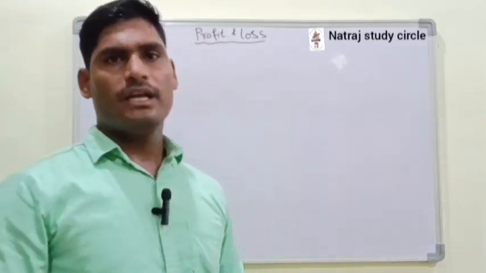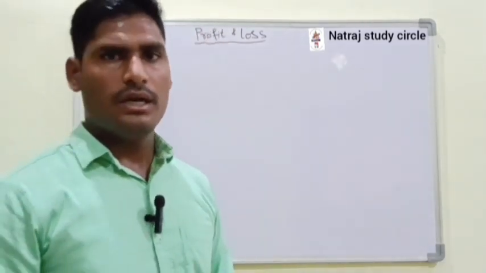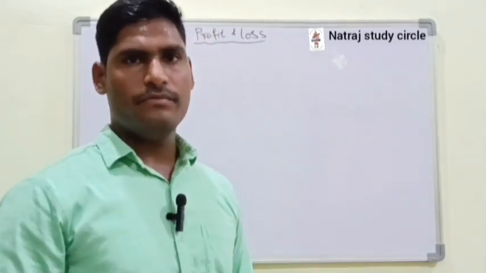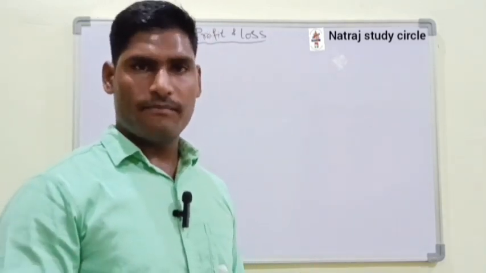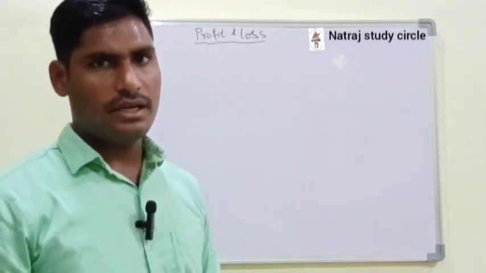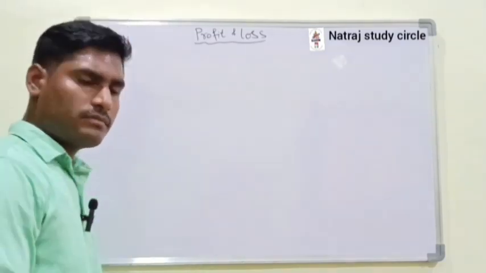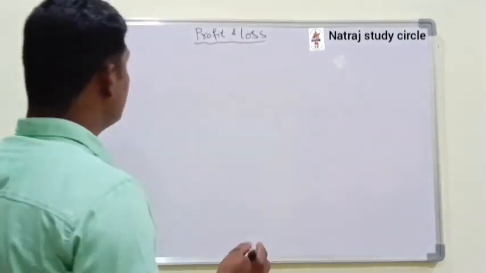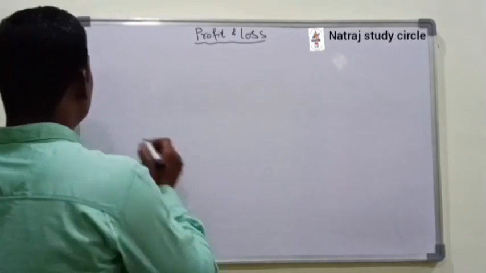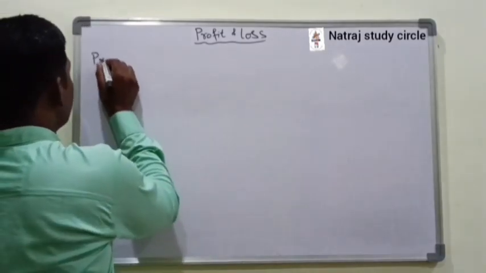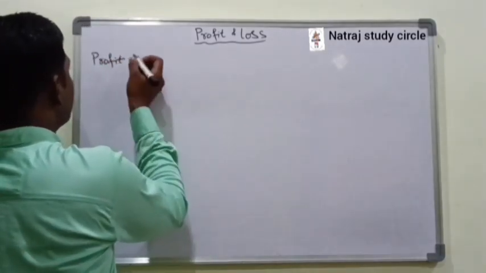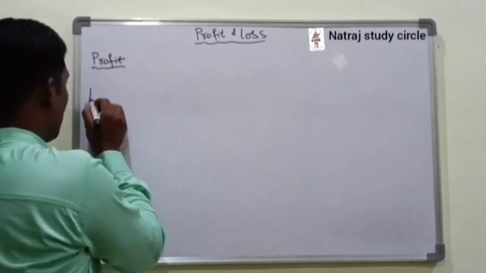So here, in every business and in every daily life, we face the question of what is profit and what is loss. There are two aspects, profit as well as loss.